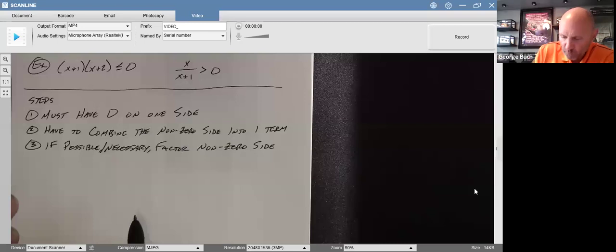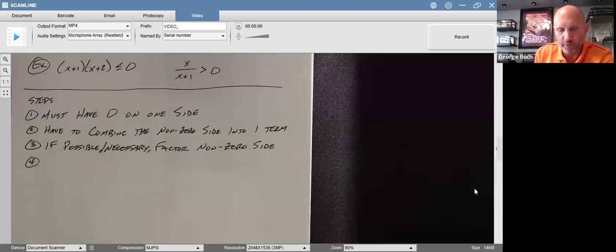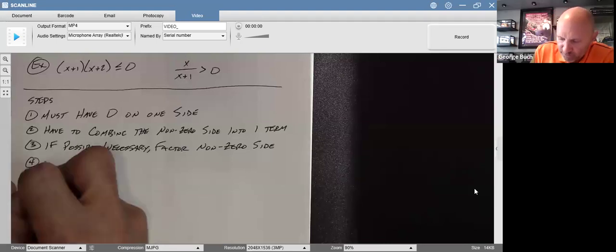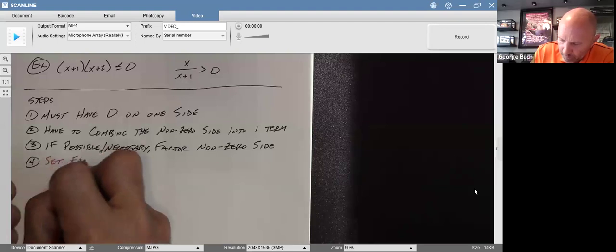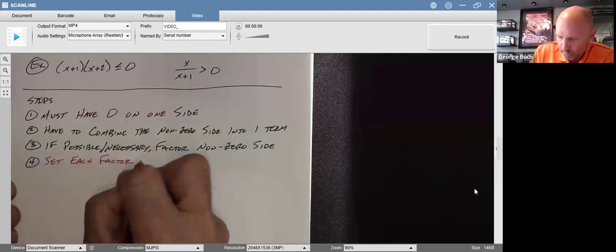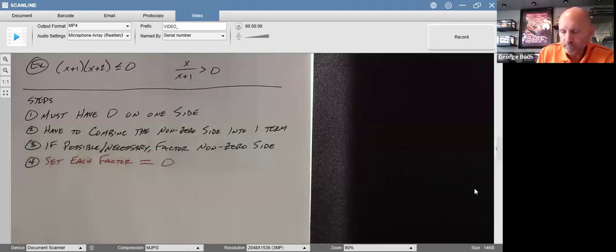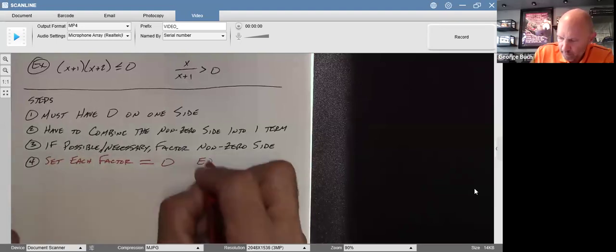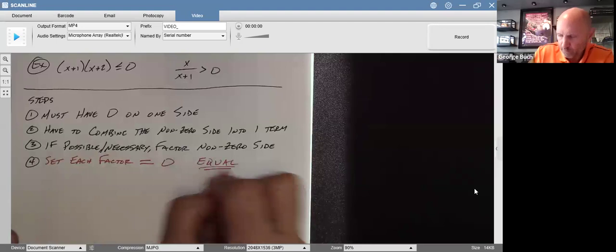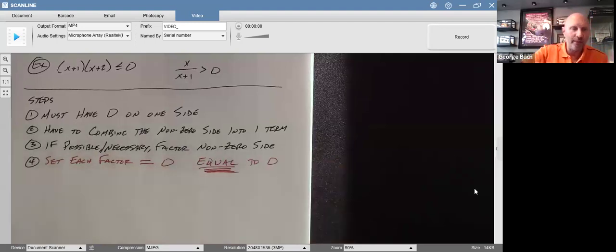Because then what we're going to do, I'm going to switch to red here because it's that important. This is the critical step: we set each factor equal to 0. Equal to 0, so not greater than 0, not less than or equal.